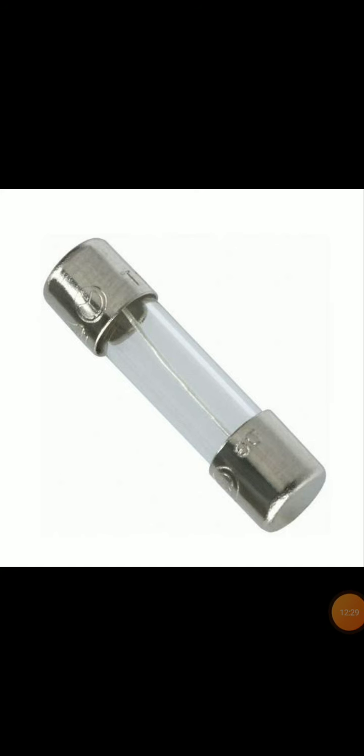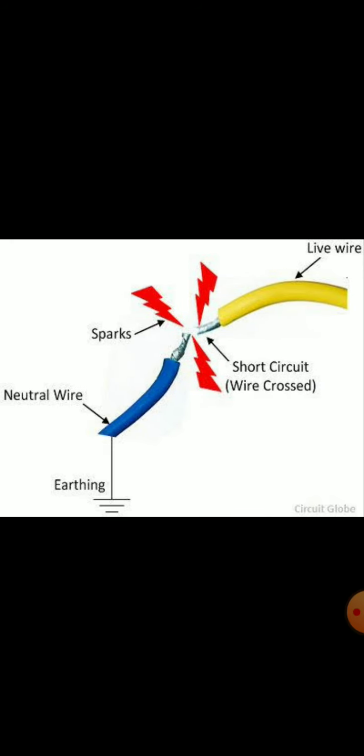When can overloading occur? Overloading can occur when the live wire and the neutral wire come into direct contact. Here in this picture, the live wire is shown with yellow color and the neutral wire is shown with blue color. But we will remember that the live wire is red color and the neutral wire is blue color.